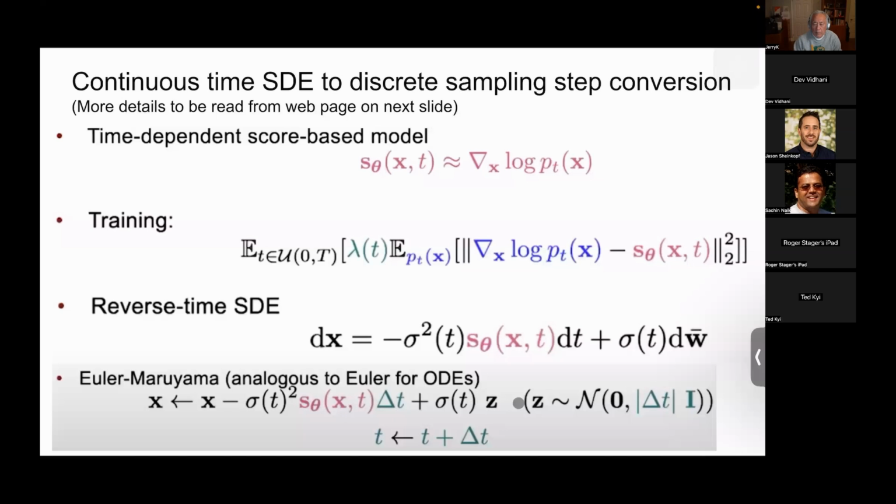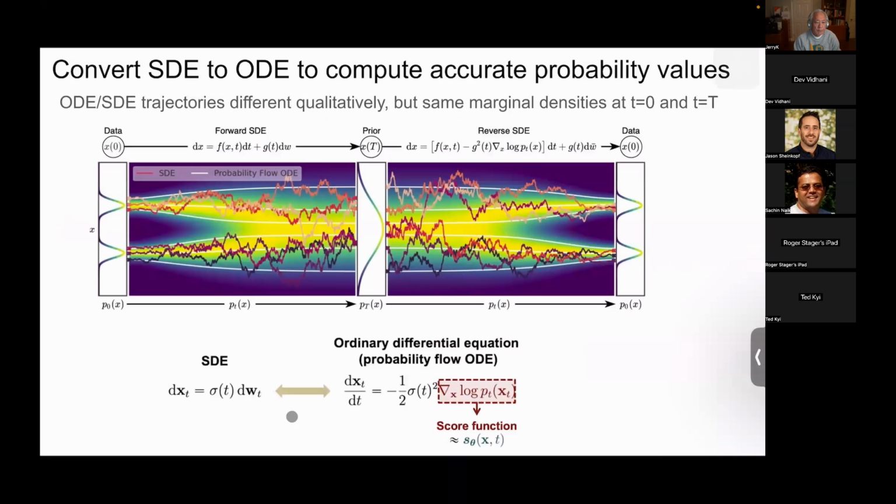But as you can see, there is a stochastic factor here. Depending on the time step, delta t, there is some sampling that is going on to get you the X at the time step t. So this is how you sample at each time step.